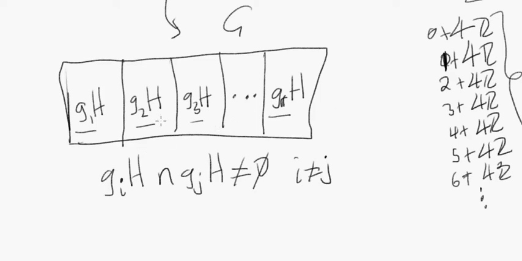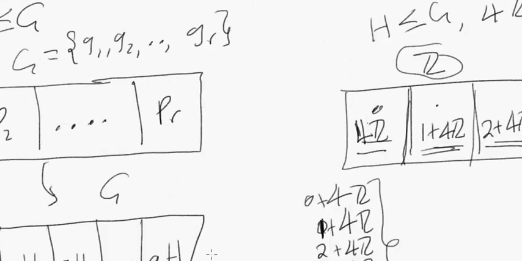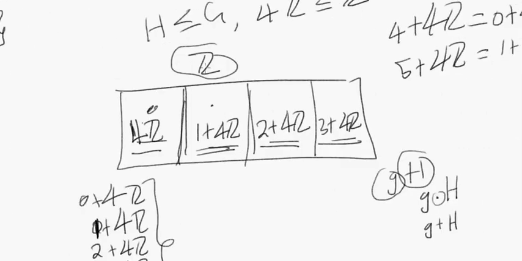So what this means is that we're noticing that it's actually kind of possible, as we saw in the case of the group Z and the subgroup 4Z, for you to have many partitions, and some of the partitions to be equal to each other.